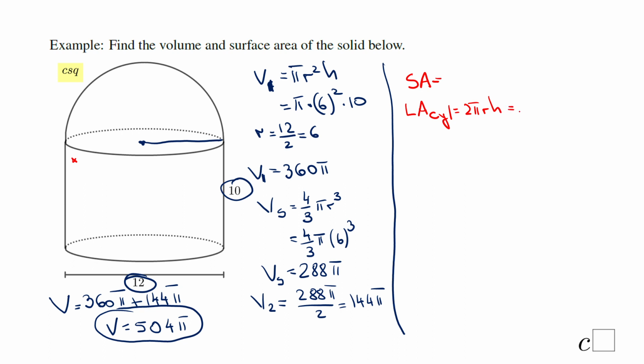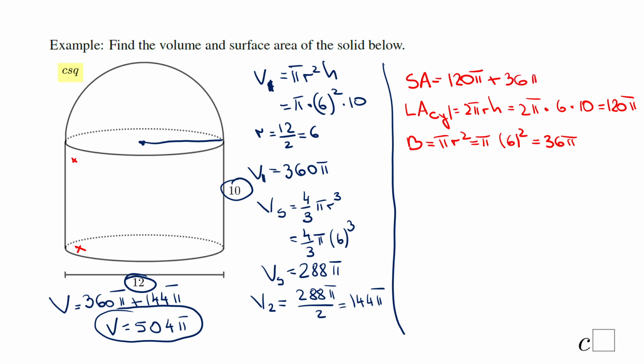So in this case, 2 pi, remember the radius is the same, 6, and the height is 10. So that will be 120 pi. That's the thing I'm going to put here. This is the first thing I can see on the surface area of this composite shape. But then we have this base, which is simple, pi r squared, because it's a circle. Pi times the radius is the same, 6 squared, and that will be 36 pi.